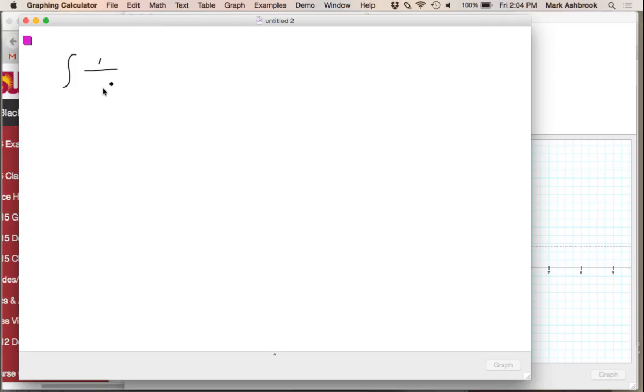And what was 25? x over the square root of 25 minus x squared dx. Do I have them both right? 23 is a definite integral from 0 to 1. Oh, definite. Okay. 25 from 0 to 3.